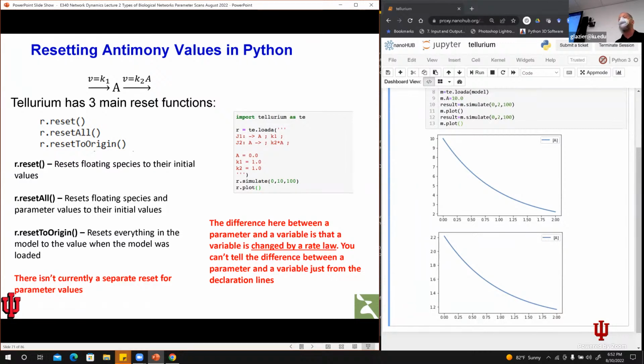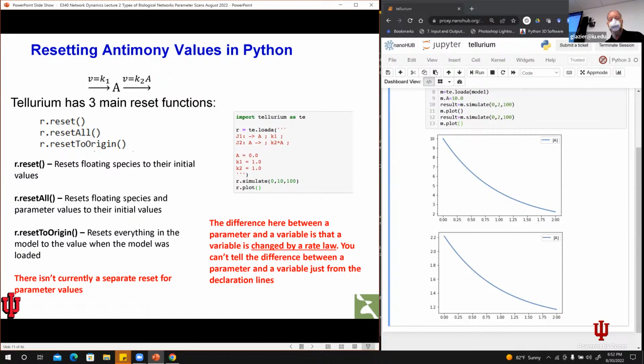But if I changed my constants K1 and K2, I don't want to screw those up. So reset will set all the variables, all the chemical species, A, X, whatever it is, back to their initial values as specified in the model string. But if I've changed K1, K2, things like that, they won't be affected.